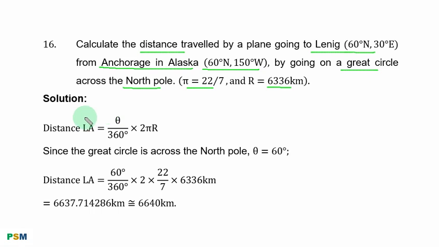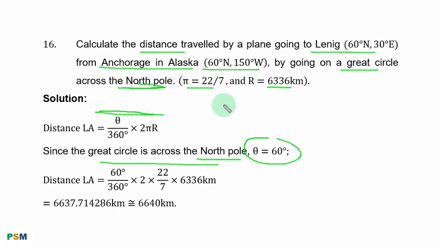Solution: the distance is along great circle. Since the great circle is across the North Pole, we simply take the given latitude as the angular difference, that is 60 degrees, not considering the longitude because of this condition. Distance LA is therefore this. You come here and replace all the parameters with what they stand for.